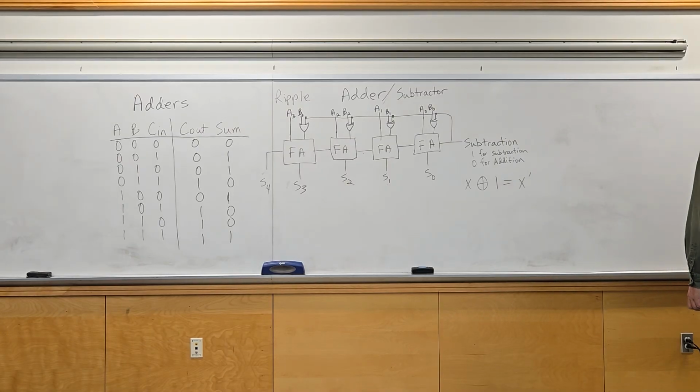Just invert the B bits and add 1 to the carry-in of the first adder. Makes it subtraction.